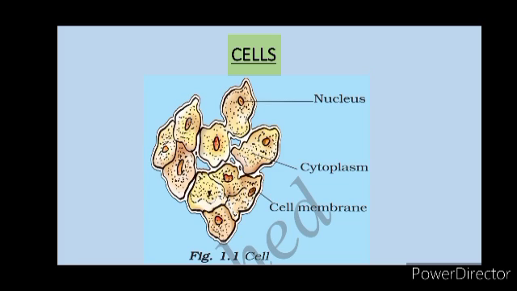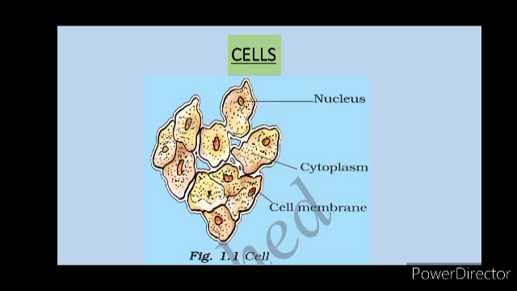Some organisms are made of only one cell. This cell is enclosed by a thin outer boundary that is called a cell membrane.